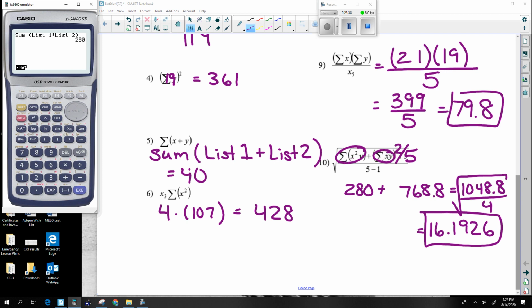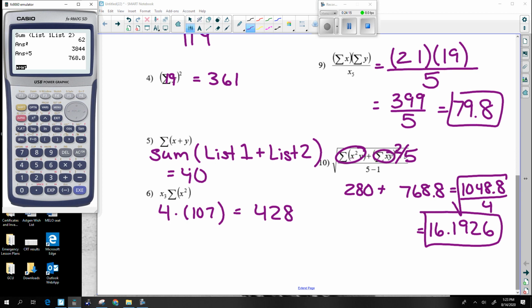The next one, I have to take the sum of x, y. Try this again. There it is. So the sum of xy, I square that, then divide by 5.